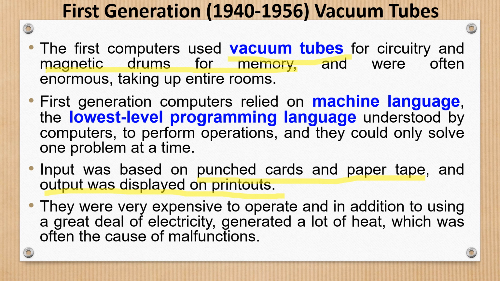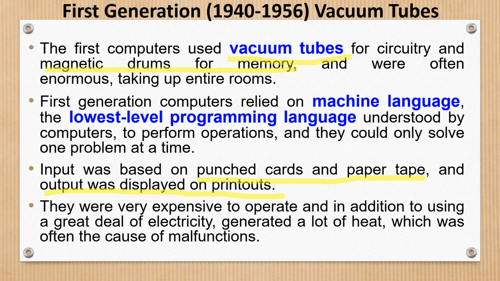So here we can say that the first generation computers basically used vacuum tubes for their connections and implementations and to perform operations, and for storage they used punch cards. They were expensive to operate, and also had very high electricity consumption and generated a lot of heat.